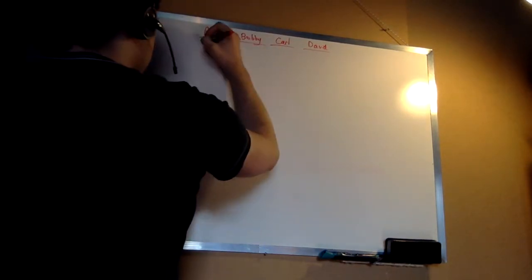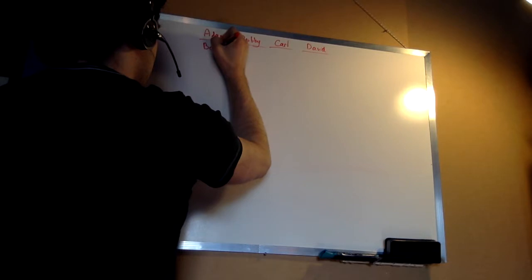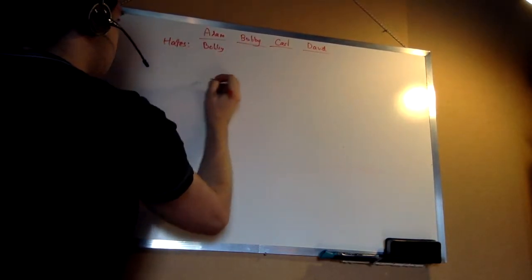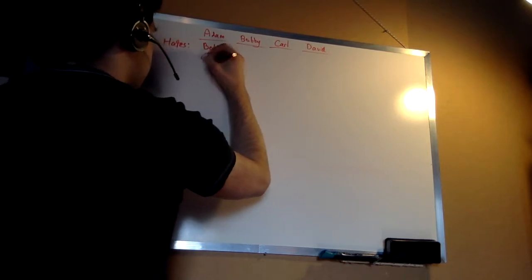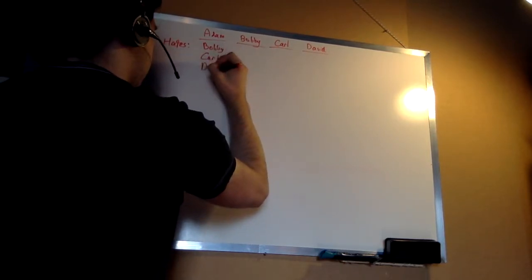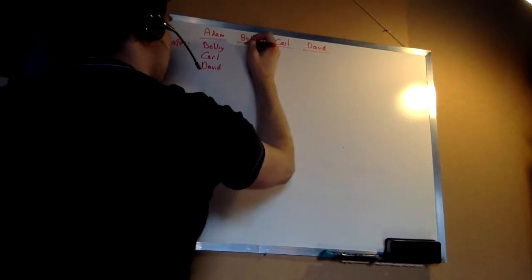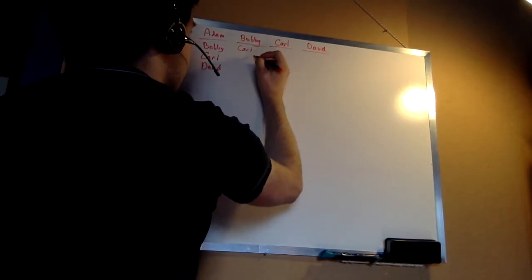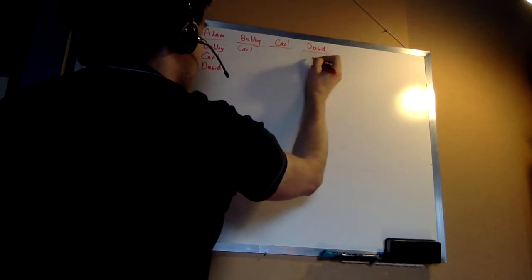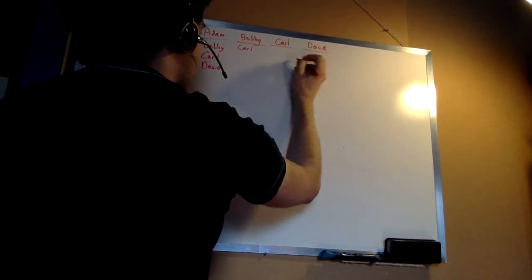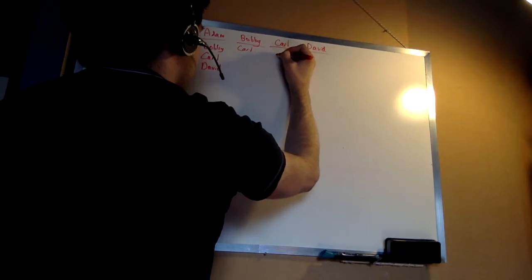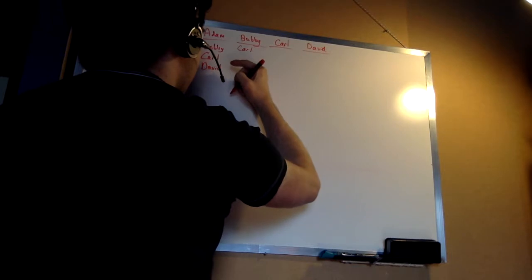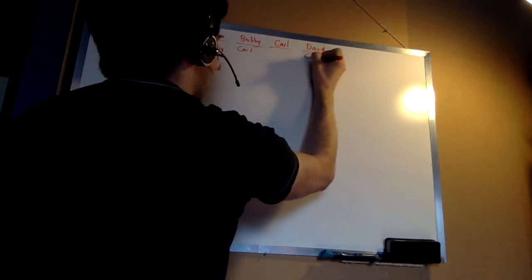So let's say Adam hates everyone. These are all hates. So he hates Bobby, and he hates Carl, and he hates David. He's not a good kid at all. Bobby hates Carl, and David hates Carl as well.